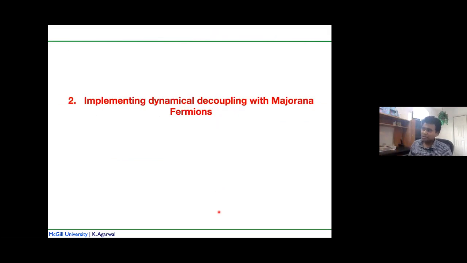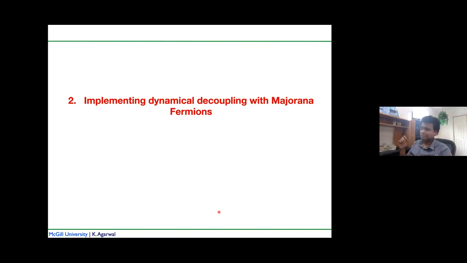So what is the connection now with Majorana fermions? By the way, this class of protocols that I've described, in various forms and shapes, are known as dynamical decoupling protocols in the NMR literature and elsewhere. So might as well call this dynamical decoupling.